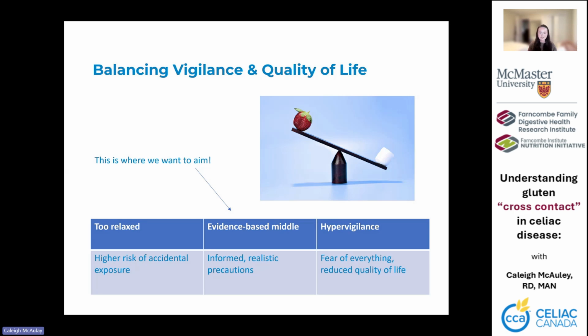I think there's so much fear and uncertainty in celiac disease, and we want to reduce that. So landing in that middle, where we can be safe but also live our life, is what we deserve.